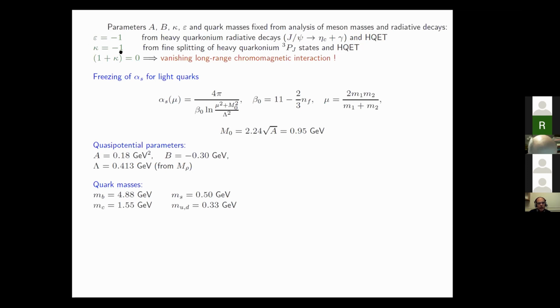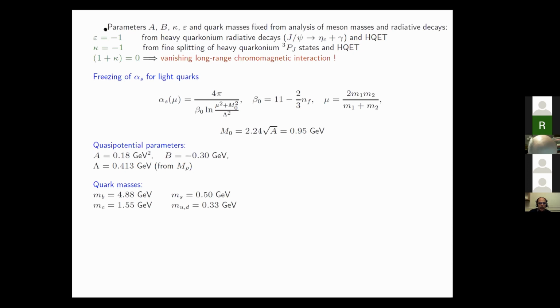Their values were fixed: kappa equals -1. The value of epsilon was fixed from heavy quarkonium radiative decays, such as J/psi to eta_c plus gamma, and these decays are very sensitive to the Lorentz structure of the confining interaction. And the value of kappa was fixed from the fine splitting of triplet P levels of heavy quarkonia.